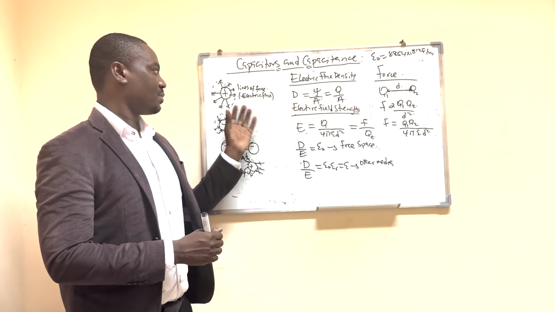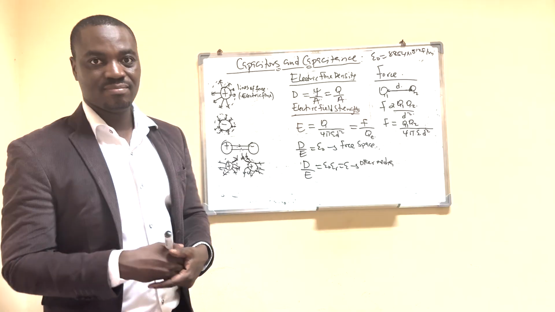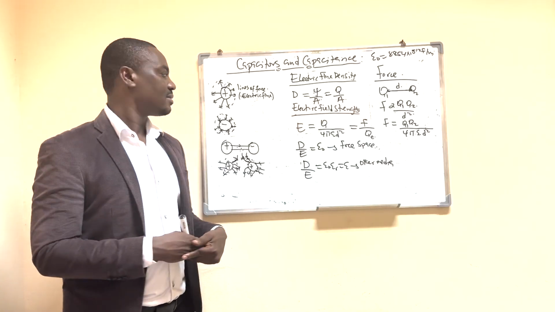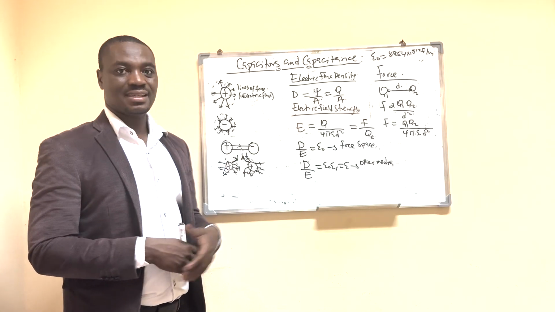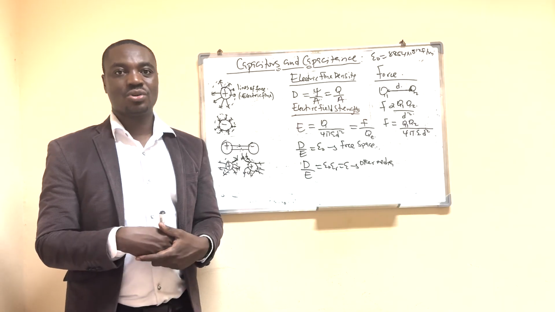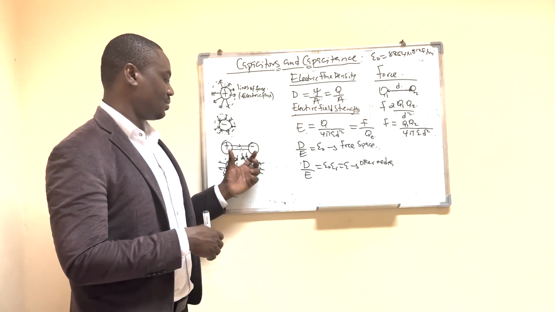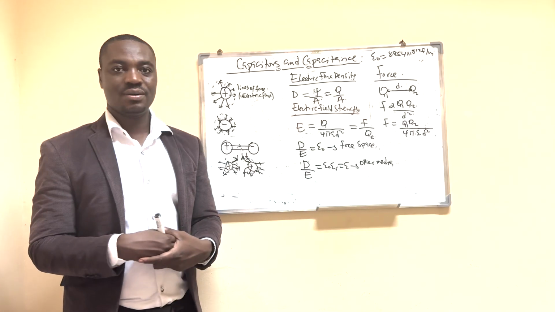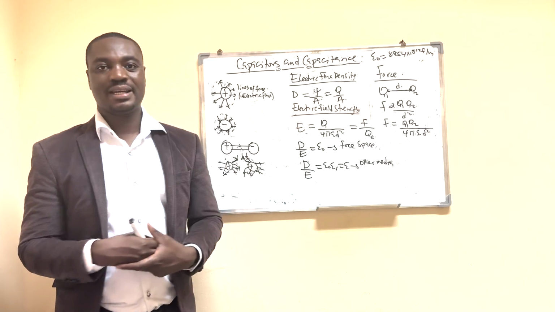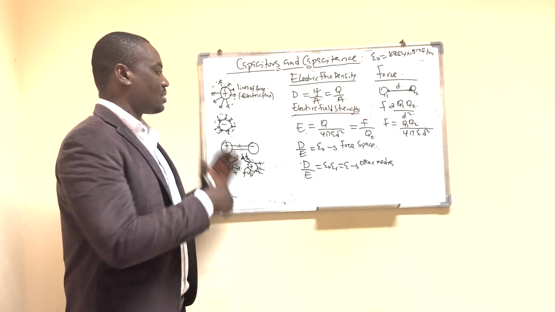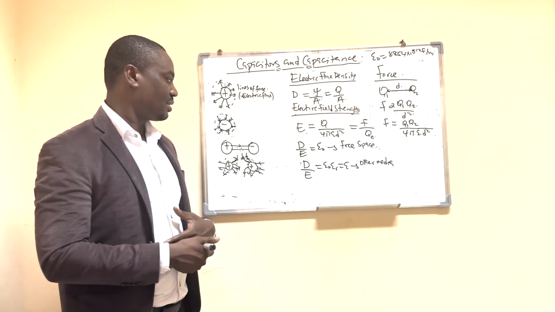For example, if the lines are denser, it means you have a strong electric field, and when it's weaker, you see very weak field lines.